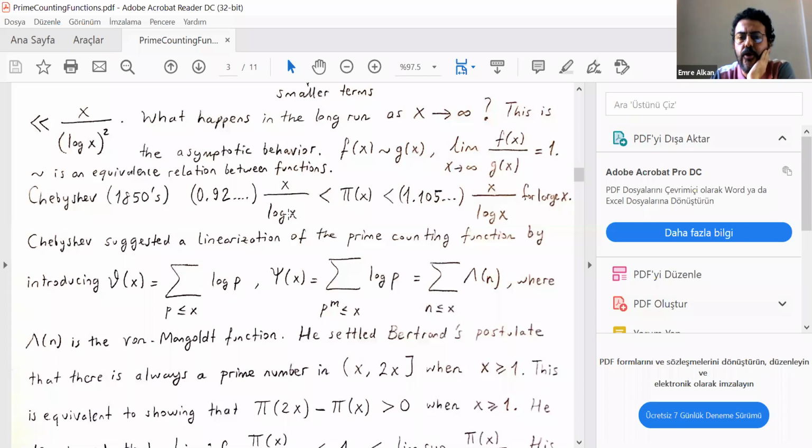Of course, the 2 in the denominator is not significant, but the 2 in the numerator is significant. 2 multiplies with this number, so you get something like 1.8 something, okay? But then you subtract an upper bound for pi of x, like 1.10 something, so well, 1.8 something exceeds that. So Chebyshev's inequalities were compatible. It immediately shows this for large x.